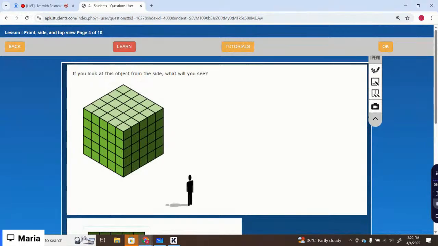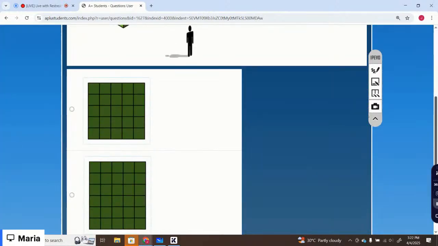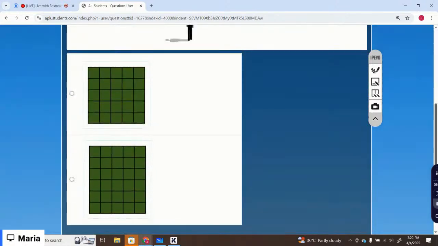If you look at the object from the side, what will you see? Option number one is the correct option.